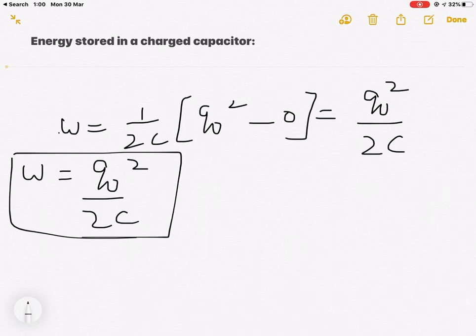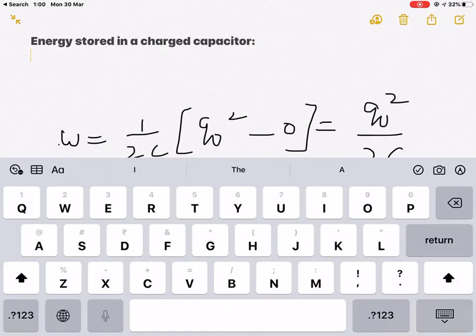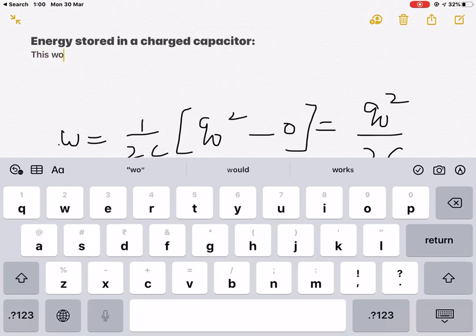So this work will be stored in that conductor, whether it is a sphere or anything, in form of its potential energy.